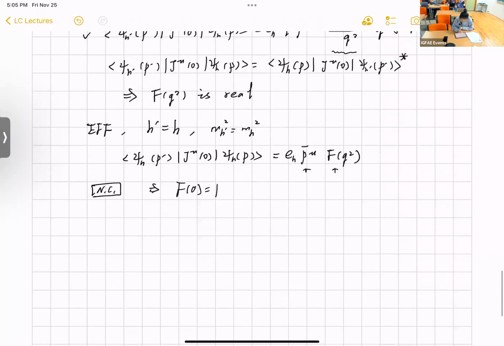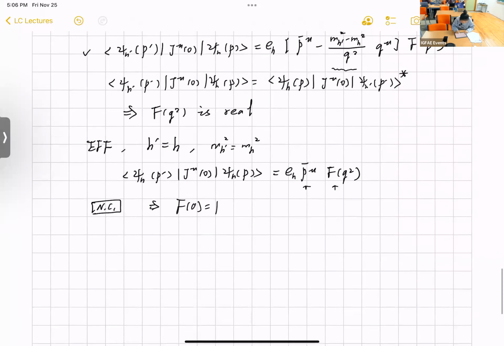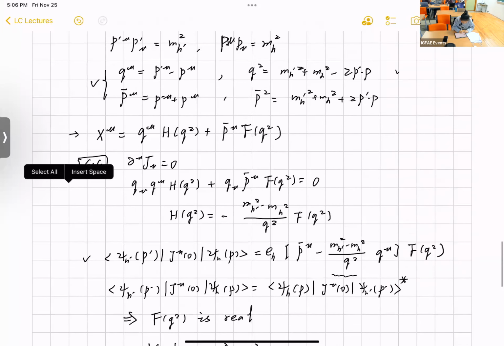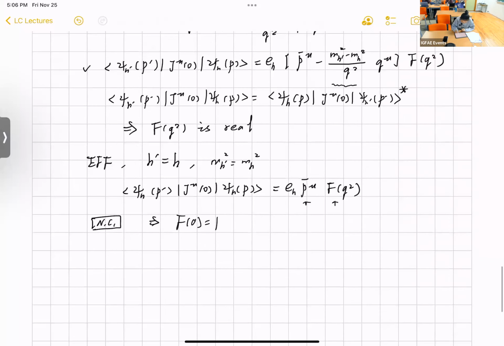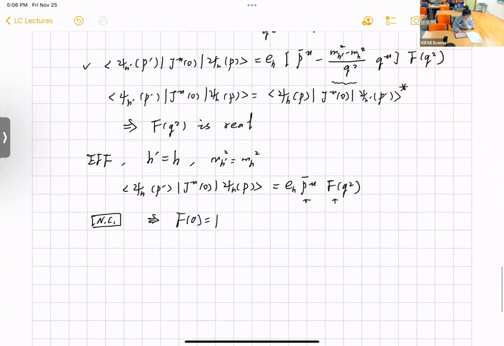If you take the plus current, this p bar would give you 2p plus when q is equal to 0. So this gives us a normalization condition that tells us f0 is equal to 1. Okay, so this is for the elastic form factor.